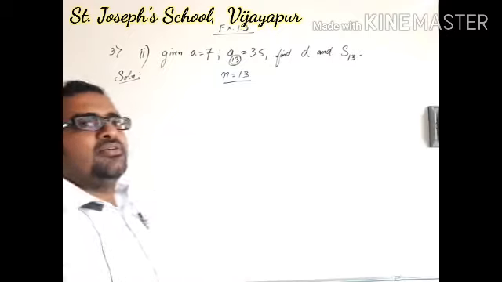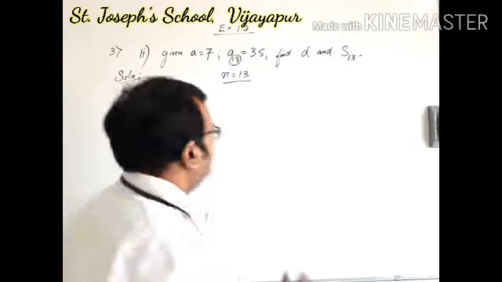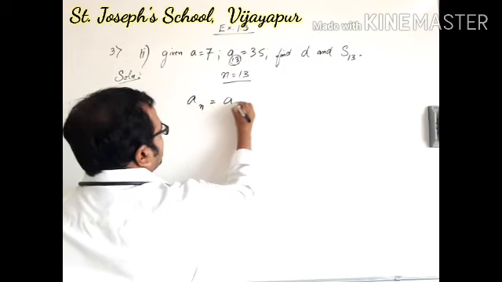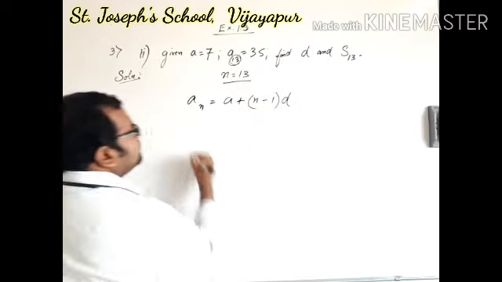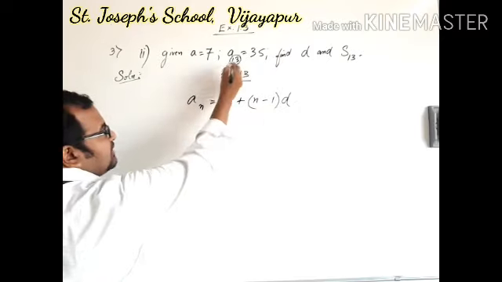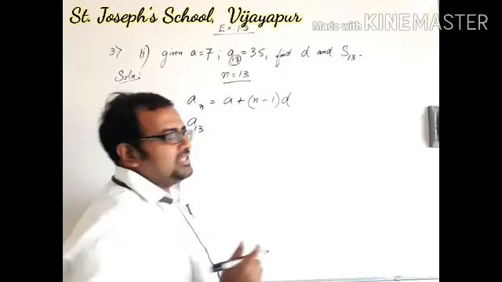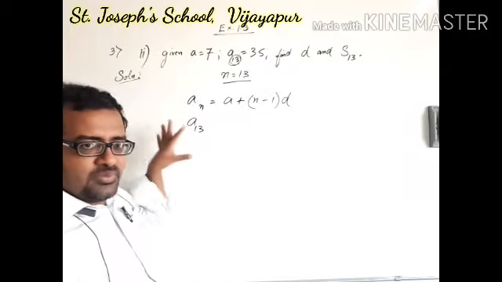So directly, like the first sub question, we will go with the an formula first, the nth term formula. The nth term formula, an is equal to a plus n minus 1 into d. This time an is replaced with a13, so n is replaced with 13. Don't directly put the value. First, always replace the n value in the first step.